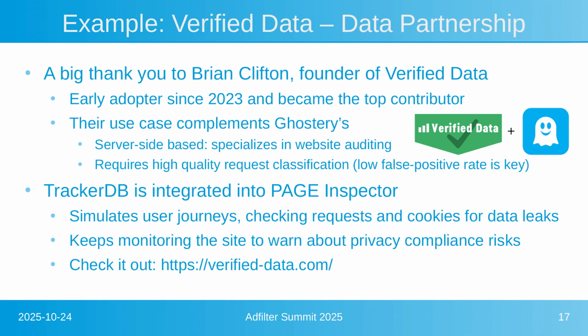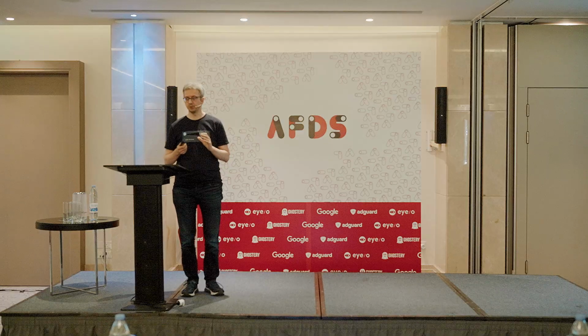What's very important for them is that they need to be very precise. They want to get the classification right, and even more important than for Ghostery, they need a very low false positive rate. They don't want to misqualify requests, because their tool finds privacy or compliance risks on a website and then keeps monitoring them.